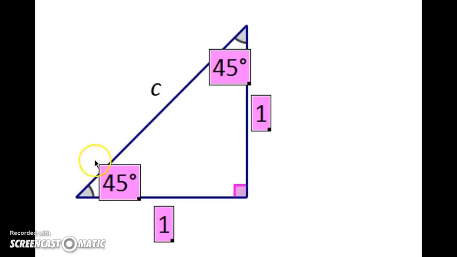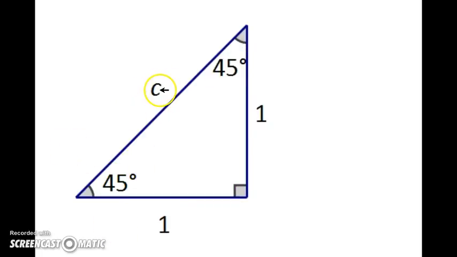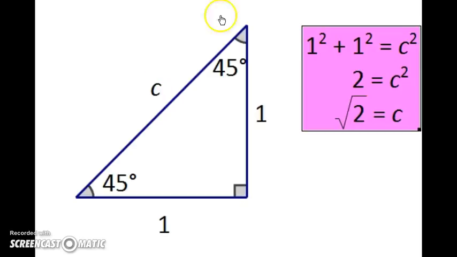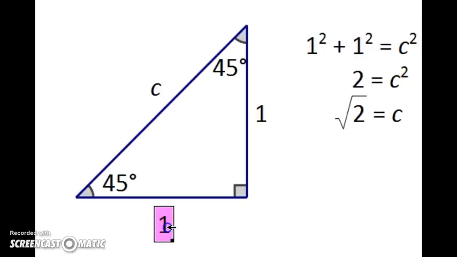Therefore, in this triangle, the unknown measurement is the hypotenuse. Once again, we can apply our Pythagorean theorem, recognizing that it's now 1 squared, this leg squared, plus this leg squared, another 1 squared, equals c squared. So 1 squared plus 1 squared is 2, so c squared is 2, and therefore c is equal to the square root of 2.